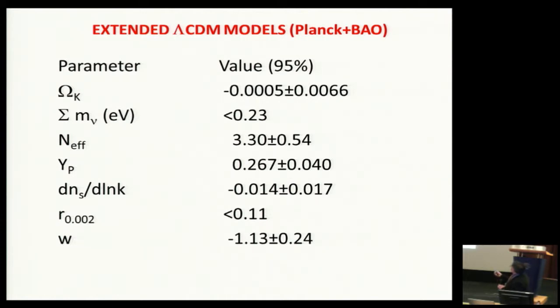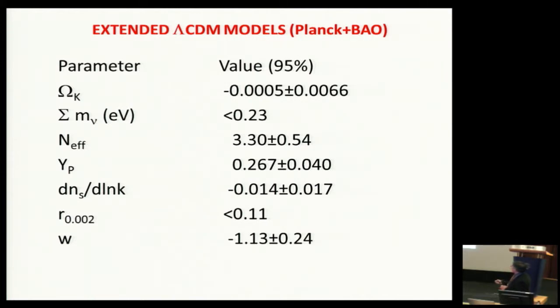What I'm quoting here are constraints on extended models for our favored combination, which is Planck plus baryon acoustic oscillation measurements. As I said, for the base cosmology, these are in very good agreement. And another interesting thing is that they are of comparable power in constraining models.